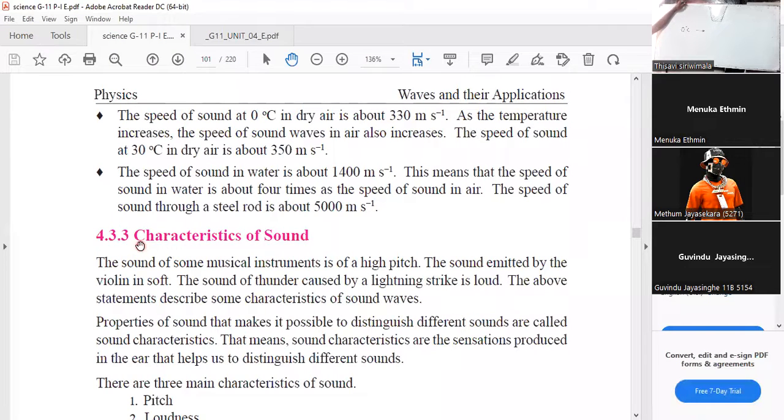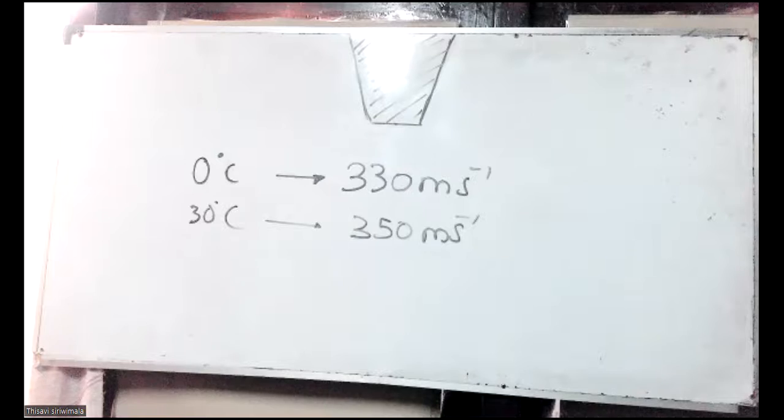Then you can write what I'm writing on the board. At 0 degrees Celsius, 330 meters per second. Then at 30 degrees, it is 350 meters per second. So this is the variation. When the temperature is increasing, the sound speed also increases.